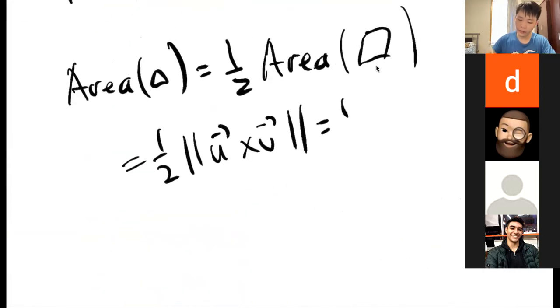So it is half of the length of the vector -2, 0, 2.